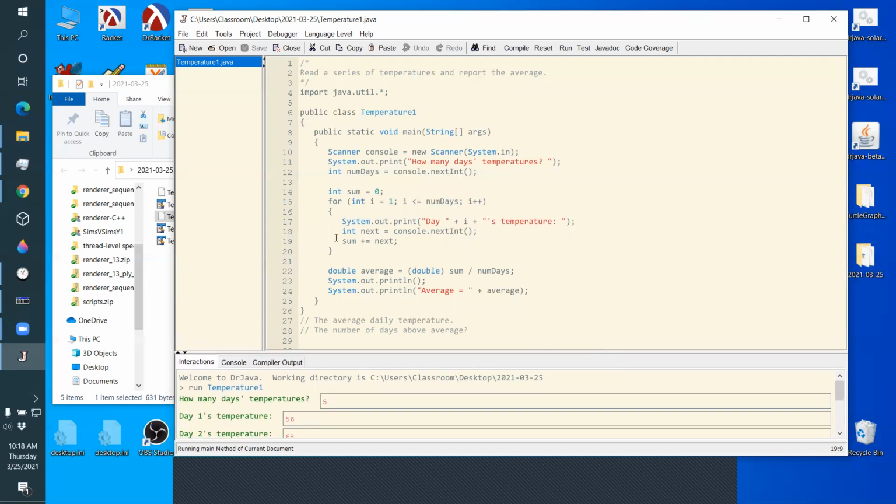Now notice that I can't solve that problem in this for loop. Why not? Why can I not change this for loop and solve my problem?